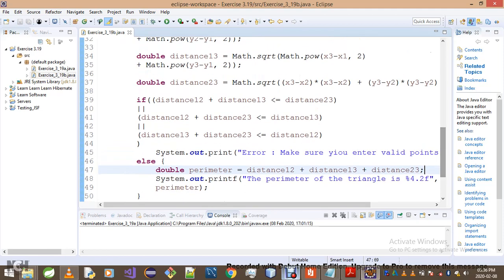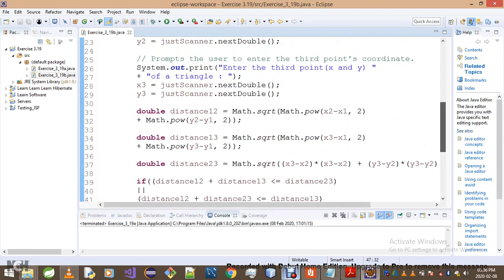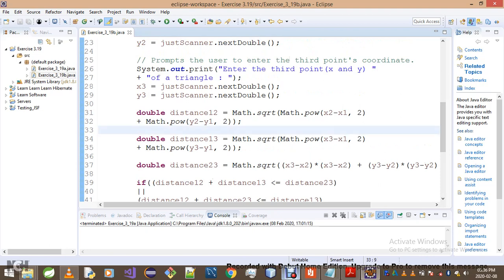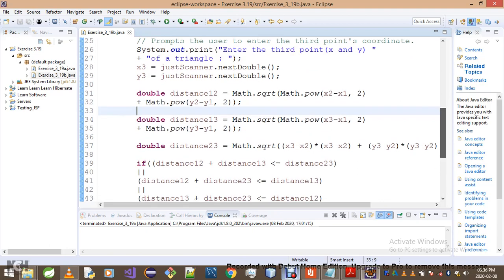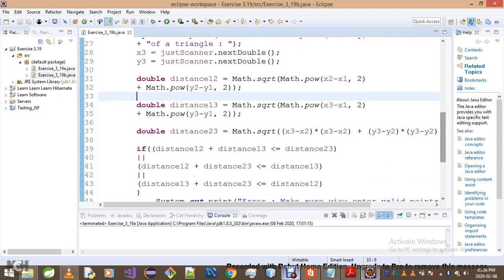By putting this line here at first, that is considered a bad practice, because there is a possibility that we might not be computing the perimeter in case a user input is invalid.